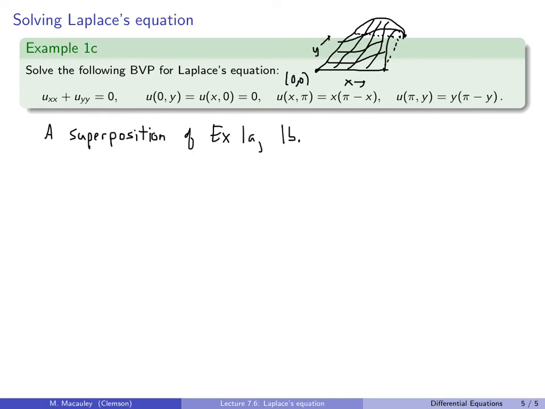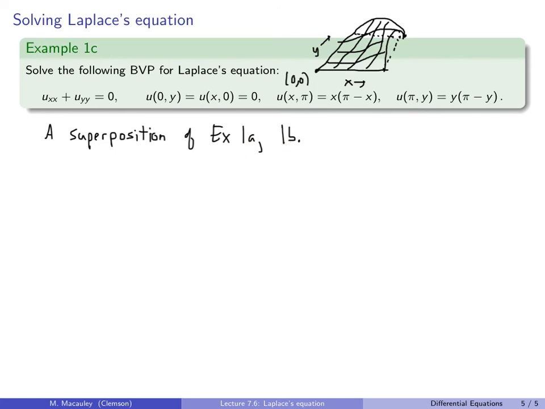And literally, if I add up the boundary conditions, for example 1a, we get 0, 0, 0, and non-zero. If we take that and add up the boundary conditions from 1b, 0, 0, 0, non-zero, we get the boundary conditions here. So it should not be surprising that this is literally a superposition of the 2 solutions to 1a and 1b.